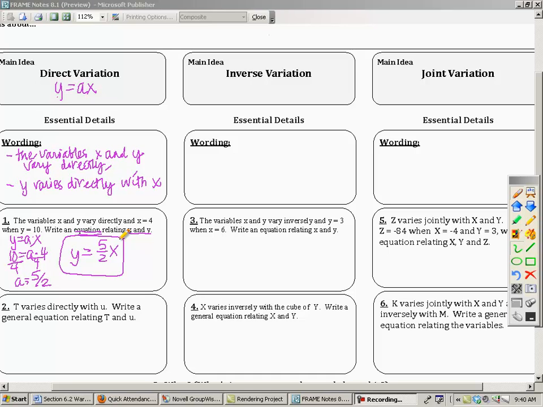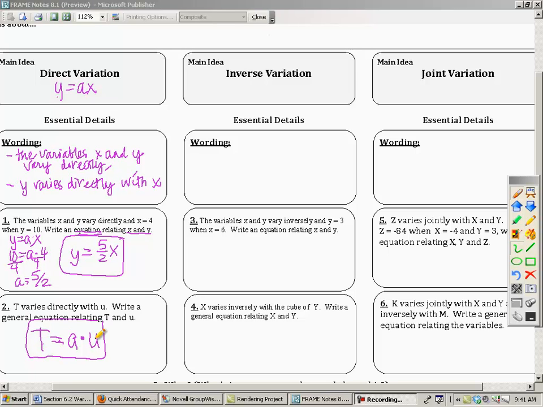Write an equation. Well, each word gives us a specific thing. T varies directly with u. So that's just giving you, again, a general idea of what we did in chapter 1 with direct variation.